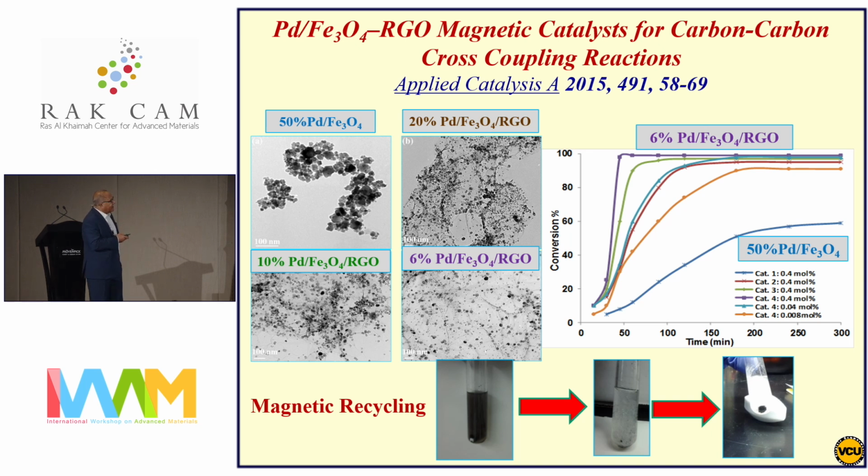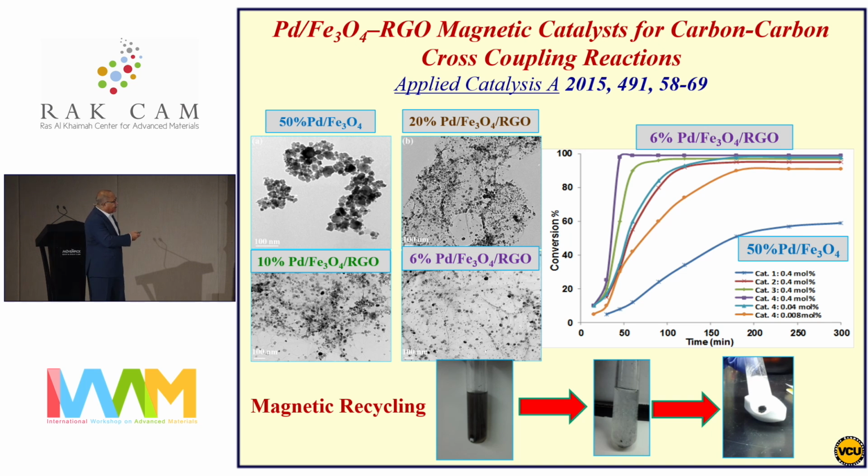And of course, the palladium is the catalyst here. The best catalyst here, about 6% palladium on magnetite reduced graphene oxide, is still converting the product within less than probably half an hour or less than an hour with 100% yields.